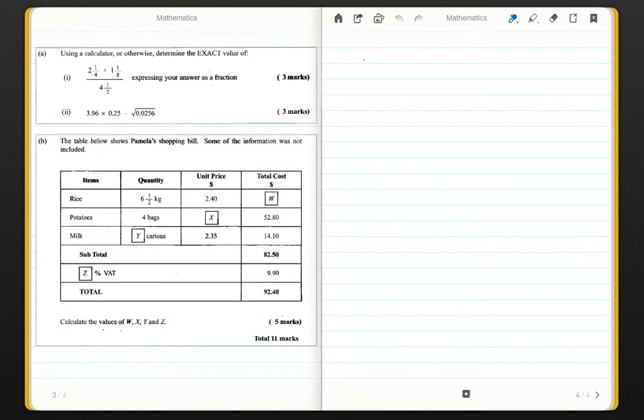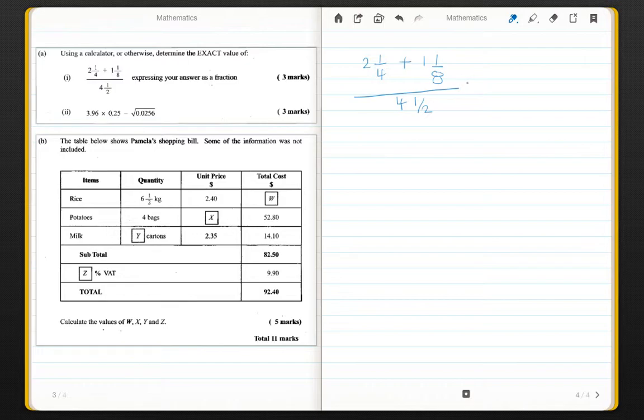So here we have 2 and 1/4 plus 1 and 1/8 over 4.5. Now, if you have an advanced scientific calculator, it may be possible to put this in one go, but it's probably best to show all steps in your working to get full marks.